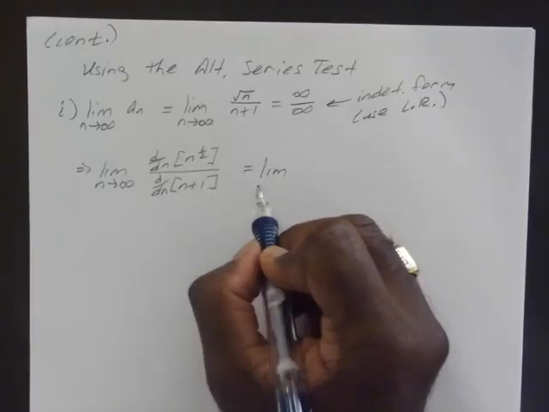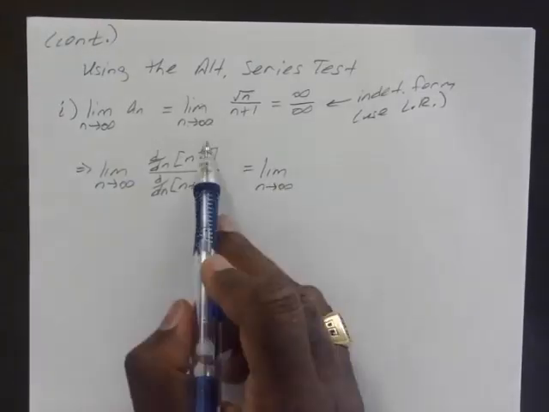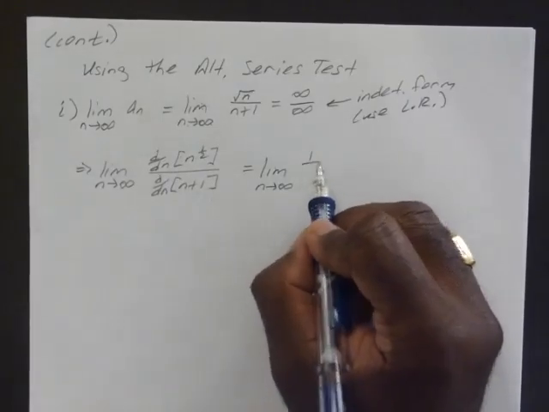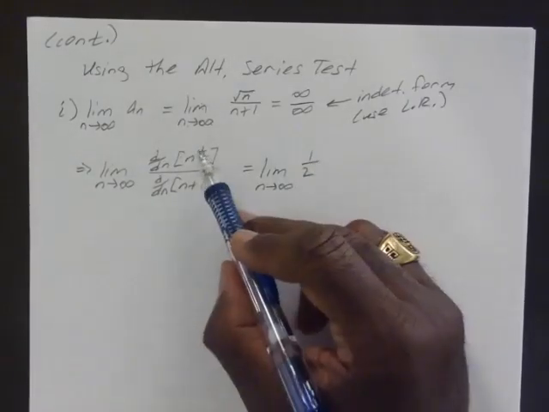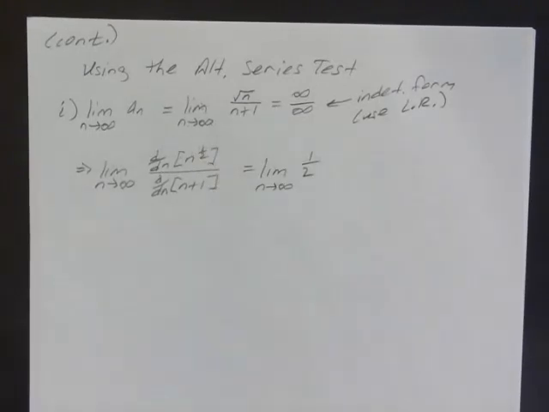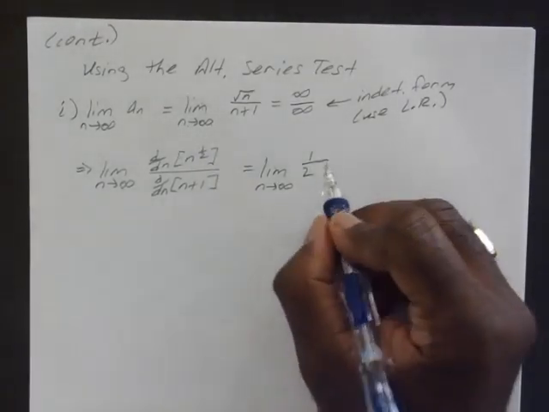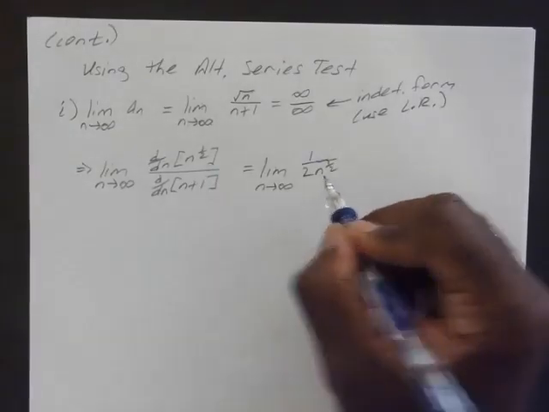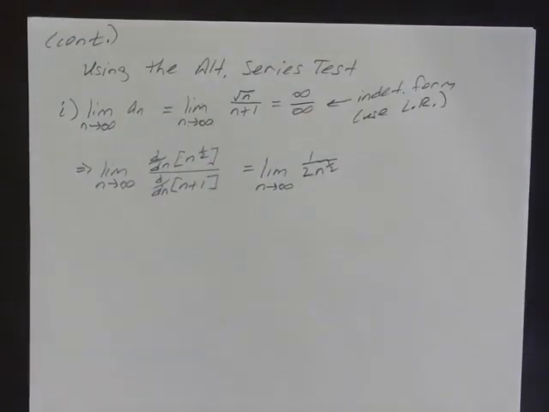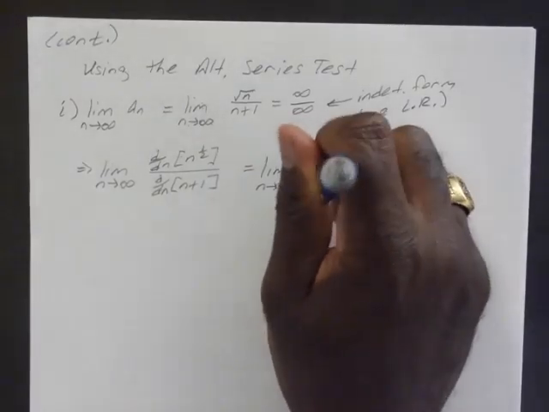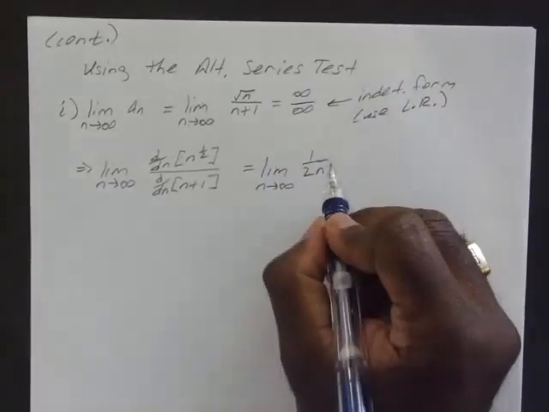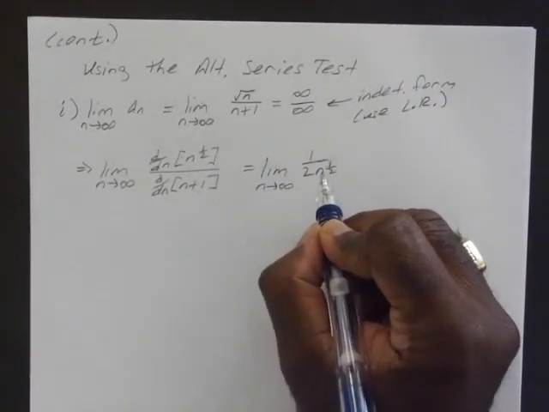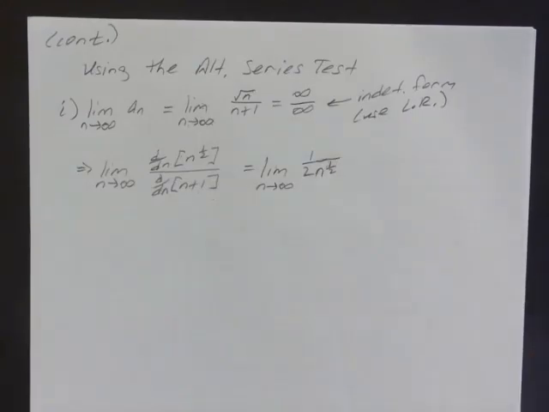Bring down the 1/2, so we have 1/2 times n to the power of negative 1/2. Since it's the negative 1/2 power, we just move it down. Or you can say 1 over 2 square root of n as n approaches infinity.